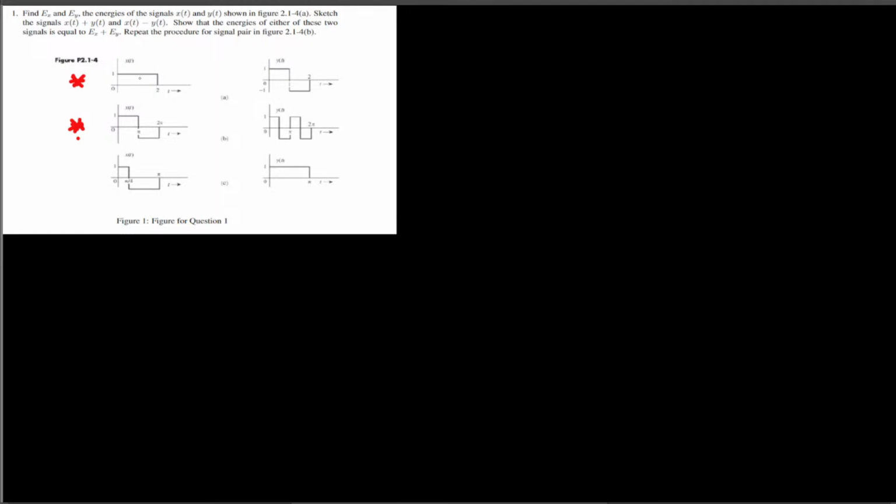Okay, so we have to find out the energy. To find out the energy, we are going to use the formula: E of x is equal to the integral from negative infinity to infinity of the absolute value of x of t squared dt.